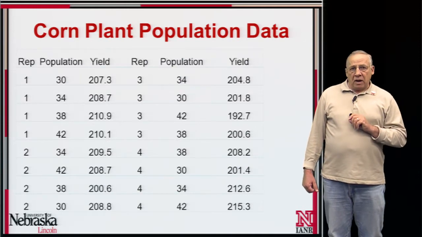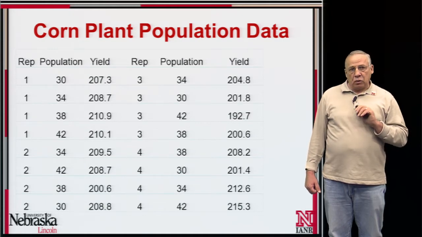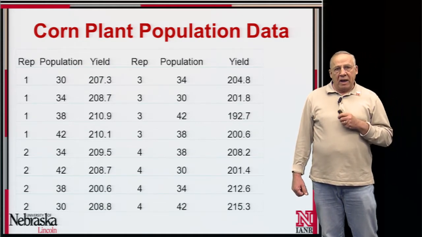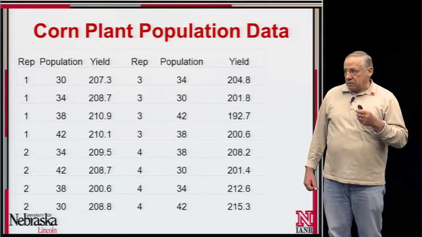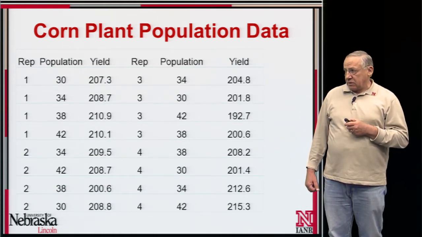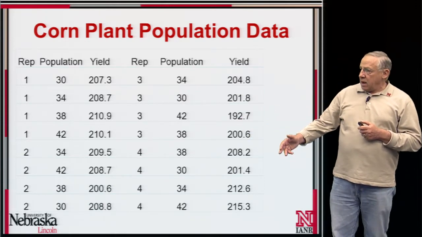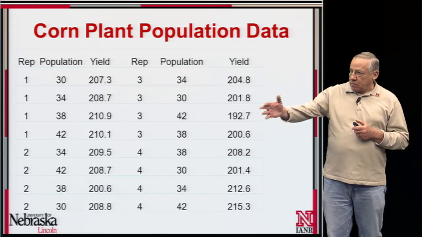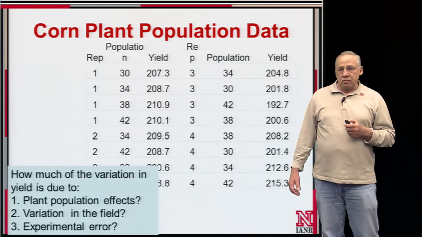These data are from a trial conducted on farm in 2012 to look at the effect of plant population on corn yields. So we have 30,000, 34,000, etc. And what we see is there's a lot of variation in the yield; each strip or plot has a different yield. So how do we deal with this variation?